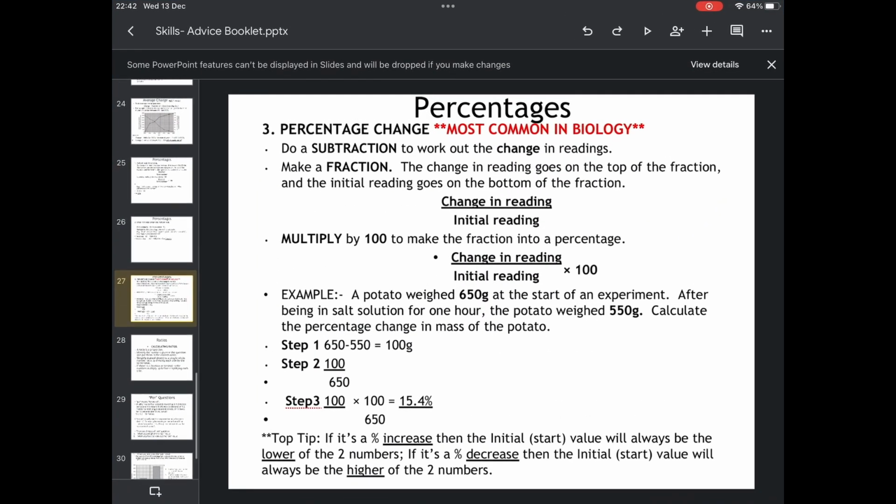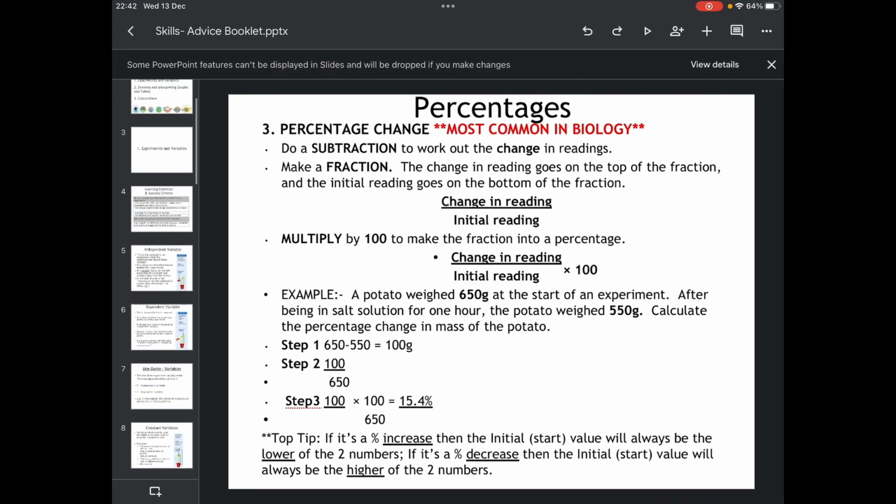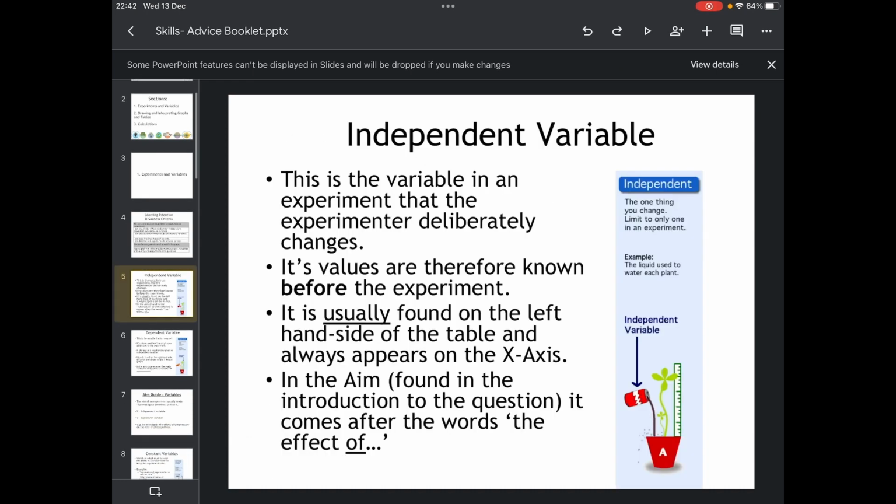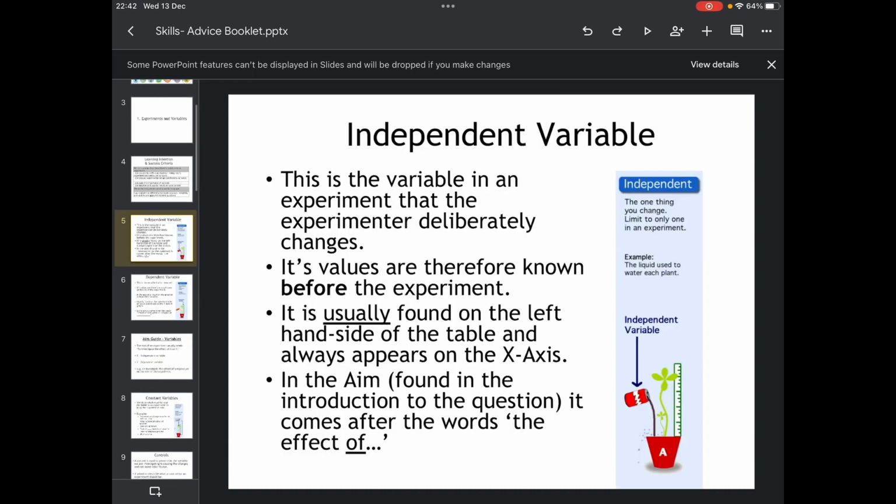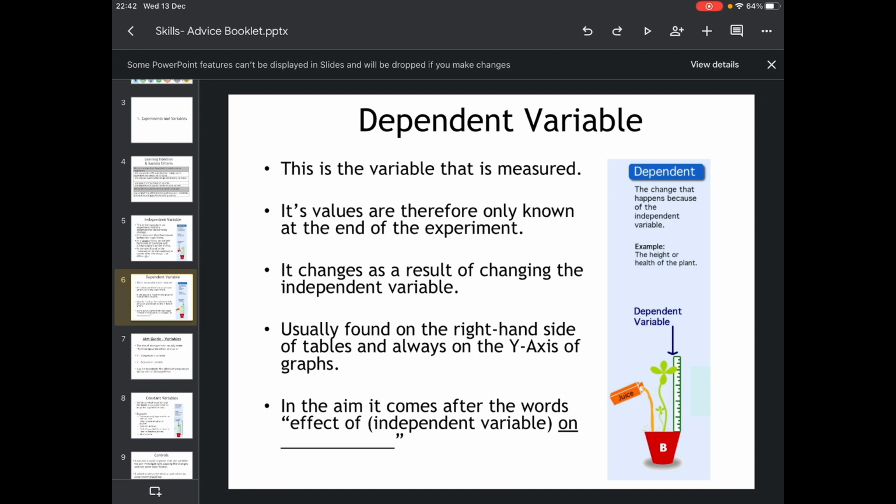In our skills booklet, the information to get about variables is in the first part here. Okay. So we see the independent variable, that's one they've just asked about. It's the variable that the experimenter deliberately changes. Its values are known before the experiment, and it tells you where it's found in the table or graph, and it tells you in the aim of the experiment where that will be found. For dependent variable, this is the variable that's measured.